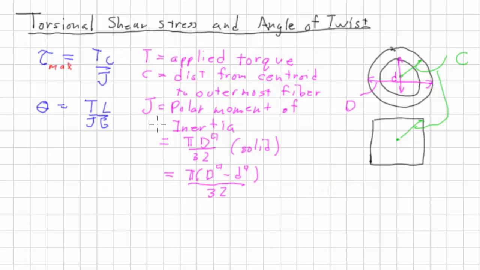So we've got T, C, and J. So T and J are covered here in the angle of twist, and L, pretty easy. L is the shaft length, and G is the shear modulus of the material.